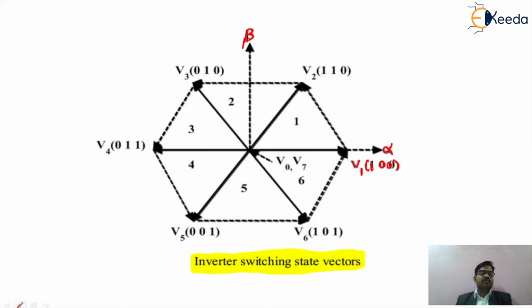We are getting the first quantity, V1, which is 1 0 0. At state V2 it is 1 1 0, which we had already derived earlier. At point V3 it is 0 1 0, and at point 4 we are getting 0 1 1, that is V4.